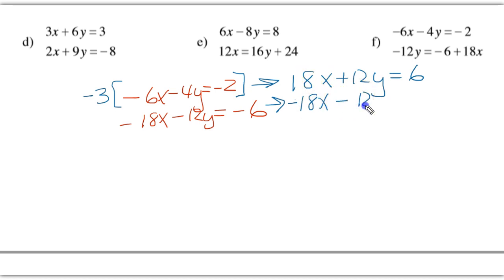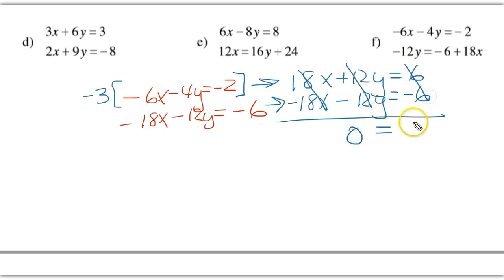Ooh, look what's happening here, though. When I add these up, this cancels out, this cancels out, that's a 0, this cancels out, and that's a 0. But does 0 equal 0? Yes, this is true. So, in fact, even though these equations looked different, they were actually the same equation.